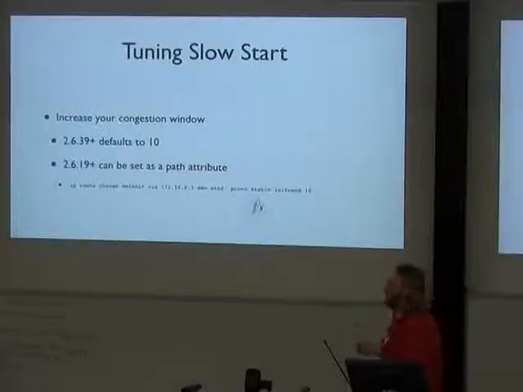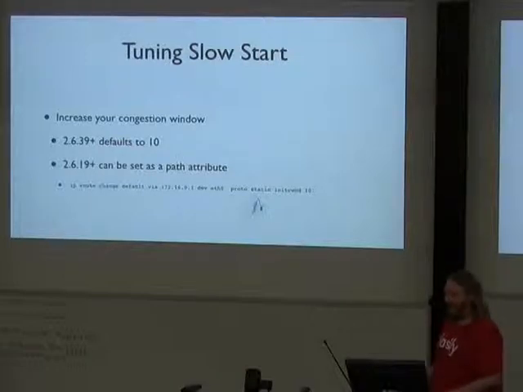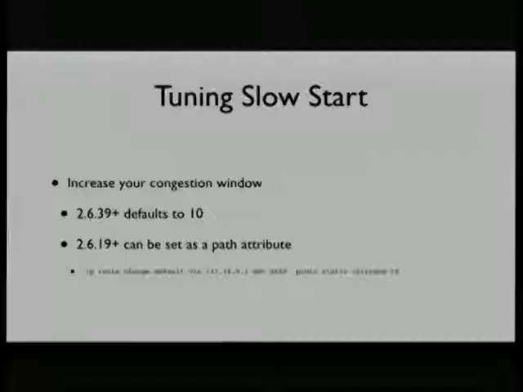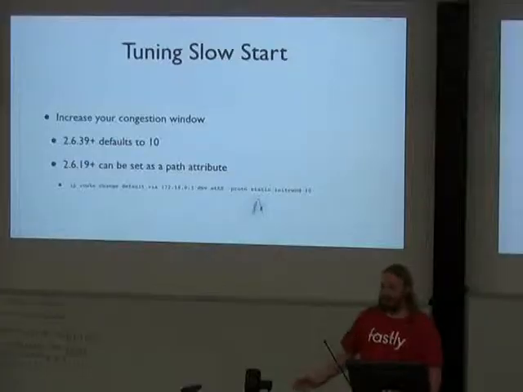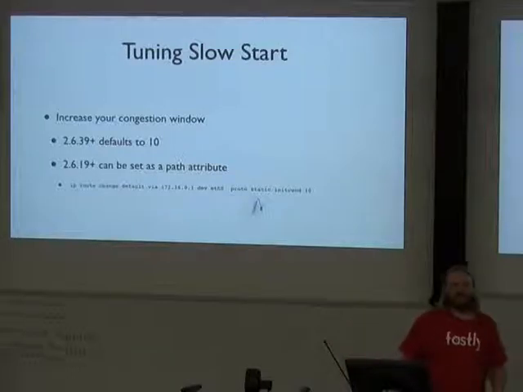So they proposed, I think to the IETF, to raise the standard default up to 10. If you're running a newer kernel, 2.6.39, which is pretty old at this point, you're already there. You don't have to worry about it. If you're not, this is actually set as a path metric. In the kernel, a lot of these things are defined on routes, so you set it on the default route, and it's just going to go.